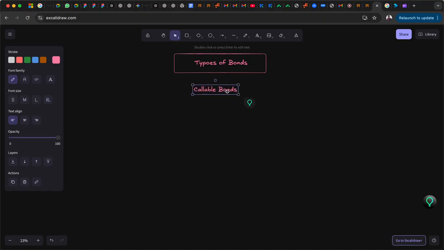This is a very interesting one, callable bonds, that every professional must know. If you want to build your business empire and raise funding through different financial instruments, then you should know this instrument. Same for investors.